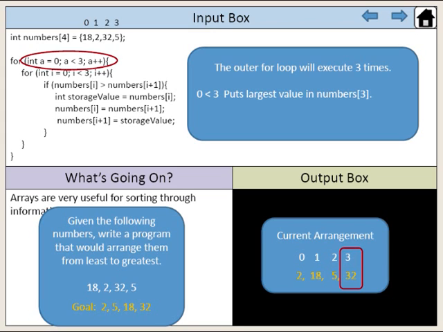The first time it executes, it puts the largest value in the fourth element's position. The second time it executes, it puts the next largest value in the third element's position.